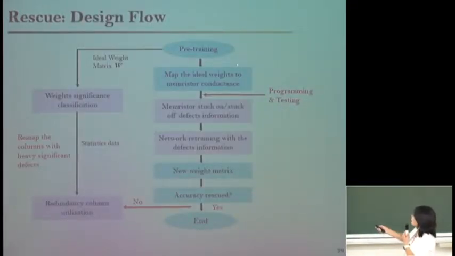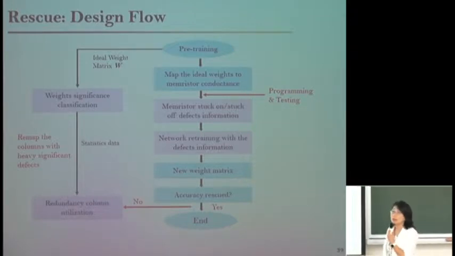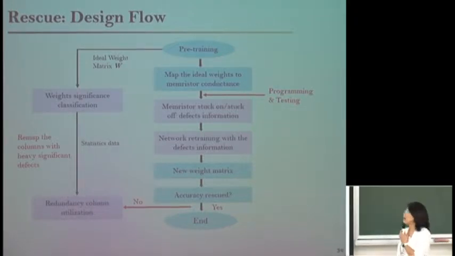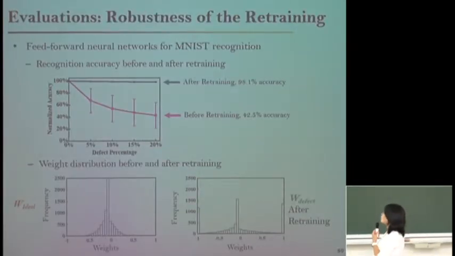So the flow, in fact, is the retraining added to the theoretical structure. The purple two steps were inserted as retraining processes. For the significant weights, if many of them are defective, we probably have to introduce some redundancy to recover. If you have ever done memory designs, the concept is quite simple and straightforward.